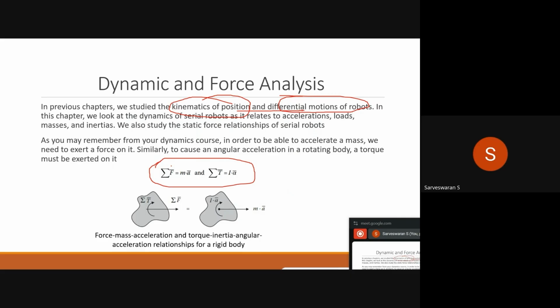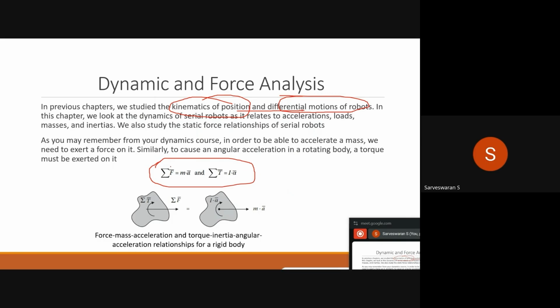Suppose you consider link 1, link 2, and link 3. The movement of link 3 will affect link 1, the movement of link 2 will affect link 1, and the movement of link 3 will affect link 2. So it is a multi-body system, and the relative motion of one component will affect the other component.